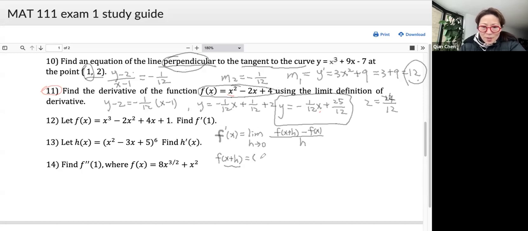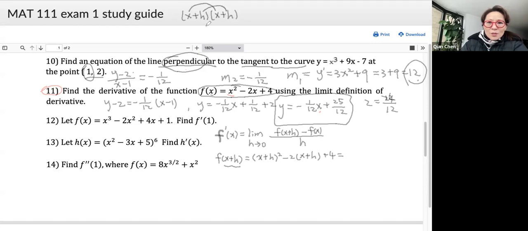So I follow the pattern. I square the input, minus 2 times the input, plus 4. Then I simplify this. x plus h squared is x plus h times x plus h, so I get x squared, h squared, and x times h twice.